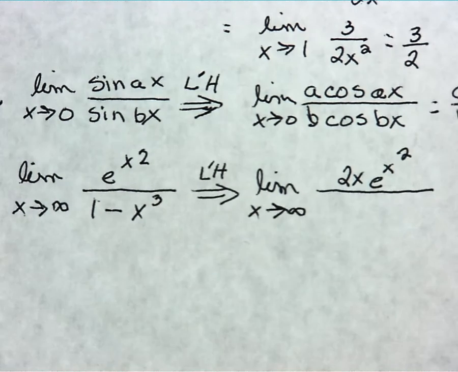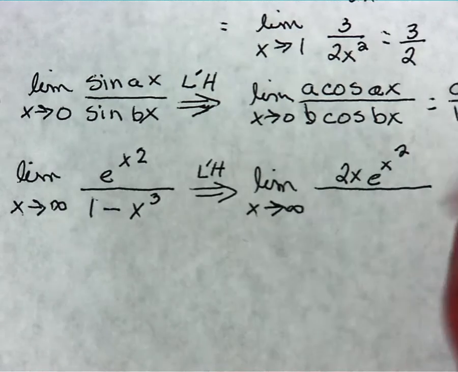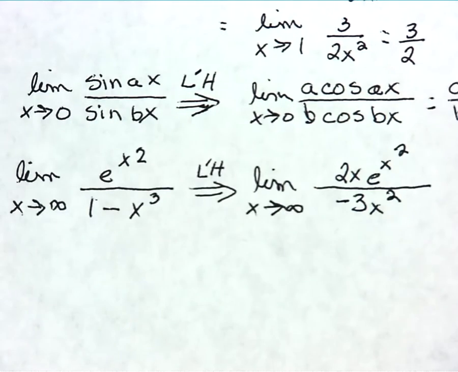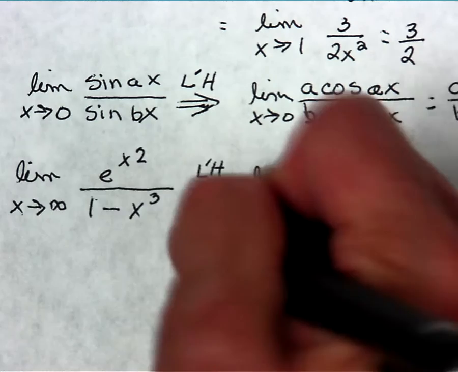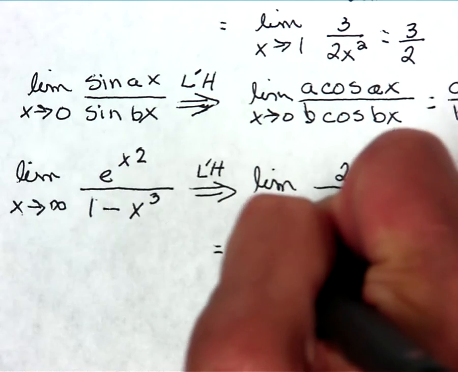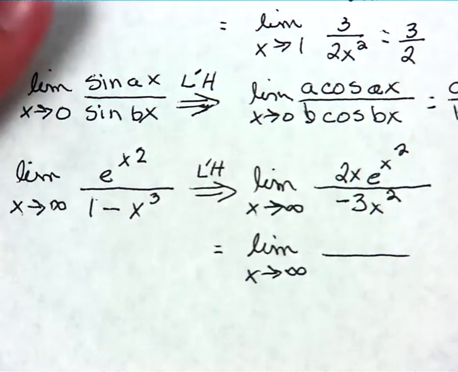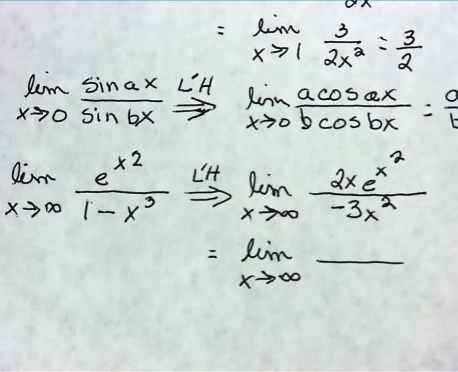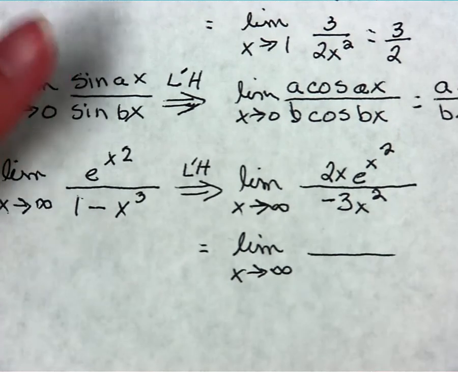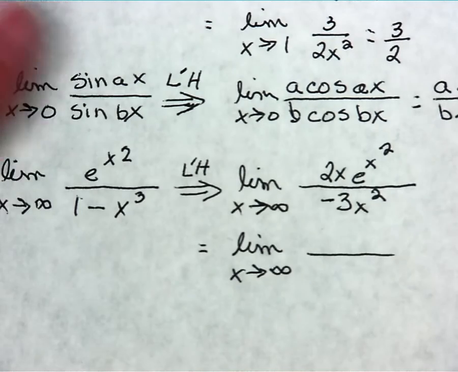What's the derivative of 1 minus x cubed? 3x squared. What does that simplify to? Cancel the x squared. So it can't. What does that simplify to?